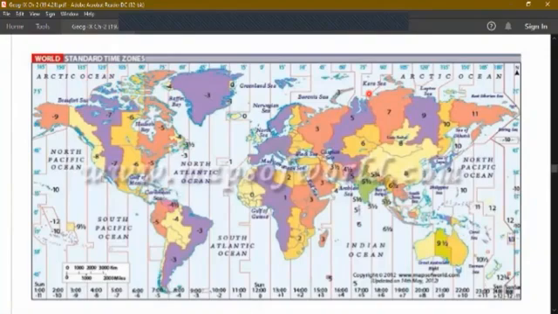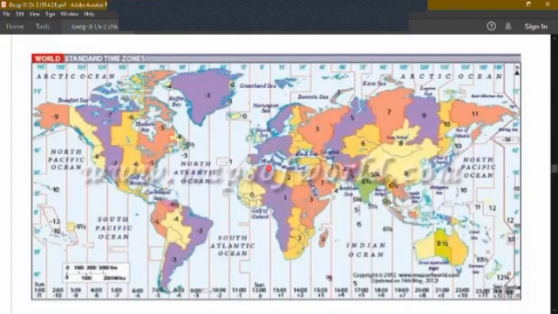While fixing the time zones, the time at the Greenwich prime meridian has been selected as the mean time. So 0 degree is the mean time.